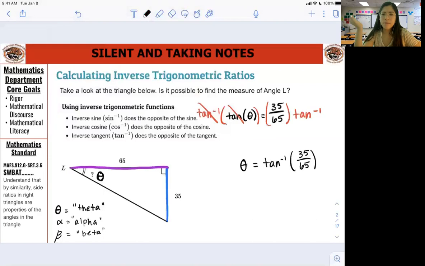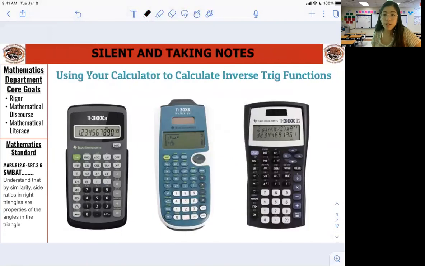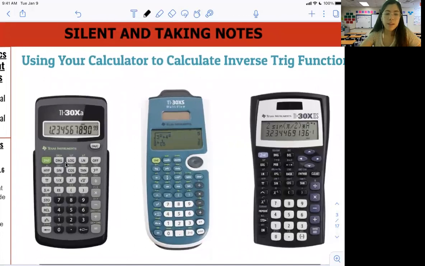There's no way to know what the inverse tangent of 35 over 65 is without a calculator. So this is where calculators come back. Before we do it, I just want to point something out. Regardless of whichever calculator you own, even the iPhone, every calculator has an inverse sine, inverse cosine, and inverse tangent.